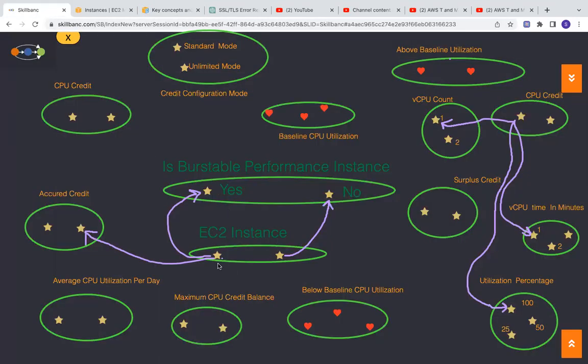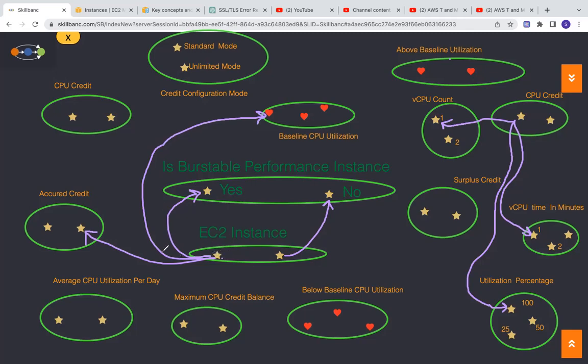So anyway, coming back to here, there is a maximum CPU credit balance that you can maintain, after which they expire. What else do we want to draw? Let's see. So the main thing is either you have a baseline. This instance is running.